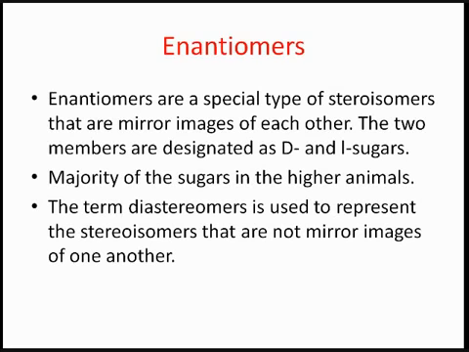The D and L isomers can be represented according to the optical activity of the sugars, that is, depending upon the orientation between H and OH with respect to the carbon. D means dextrorotatory and L means levorotatory.